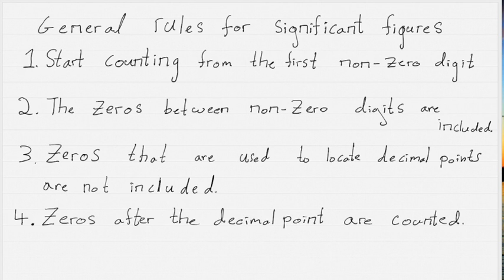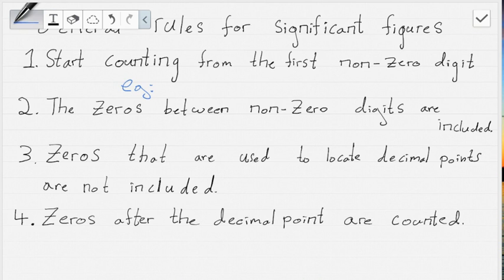These are the general rules for significant figures, the ones that I felt would be really important for you to know and understand. The first one is to start counting from the first non-zero digit. Okay, and I'll give you an example for that. Suppose you have something like 023.